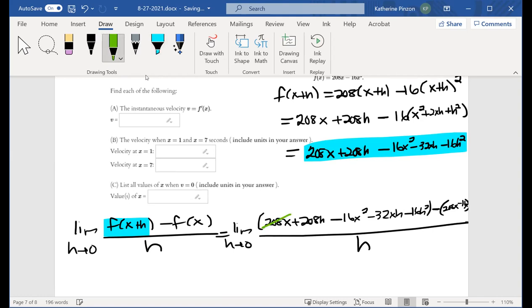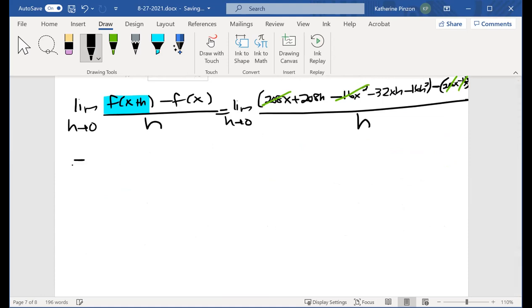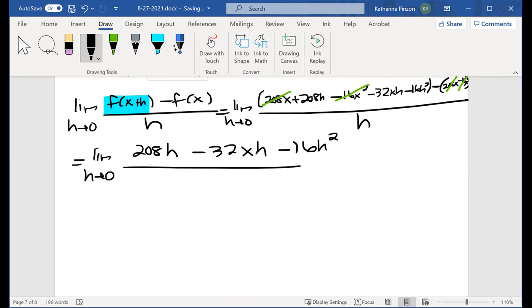I have 208x's here minus 208x's there. I have negative 16x squareds here minus negative 16x squareds there. So when I cancel them, I get limit as h goes to 0, 208h minus 32xh minus 16h squared divided by h.